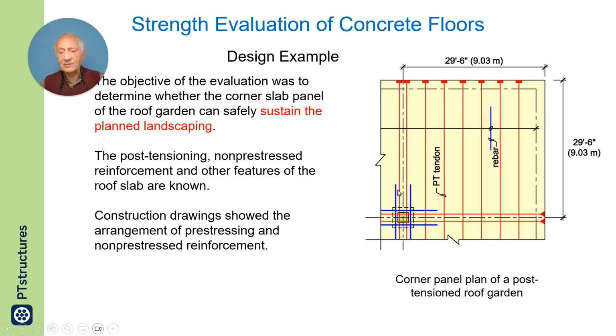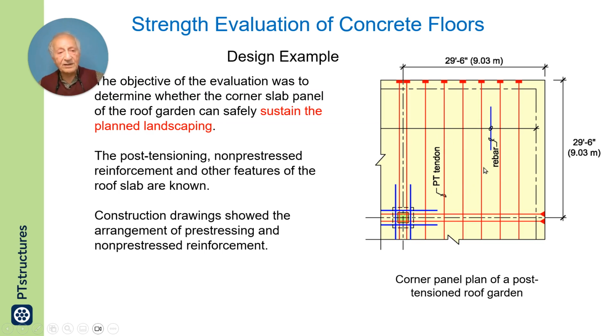This is another example showing the corner span of a roof construction, which was post-tensioned with tendons up down and also a band here. The objective of the evaluation was to determine whether the corner slab panel of the roof garden can safely sustain the planned landscaping, whether landscaping here can take place.